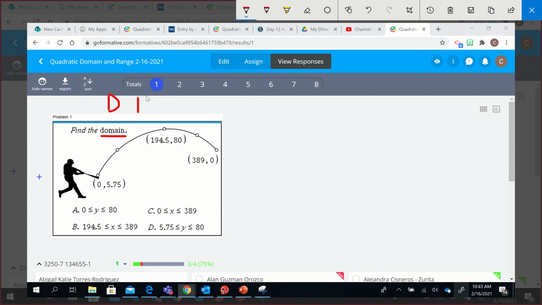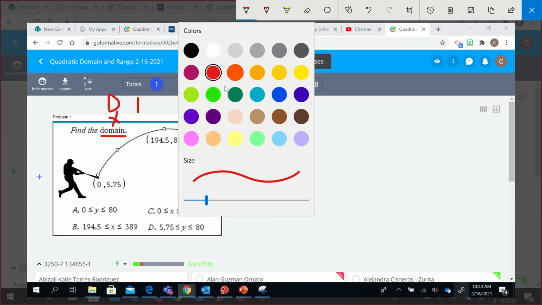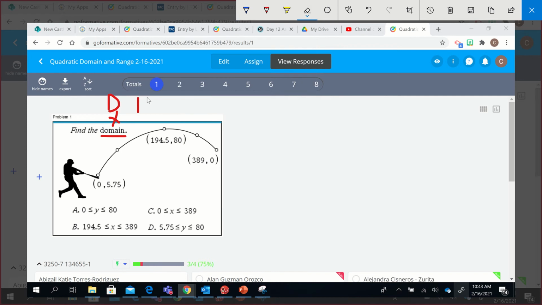That should be in blue. So we had Dr. XY. So D goes with X values, so that's your domain.